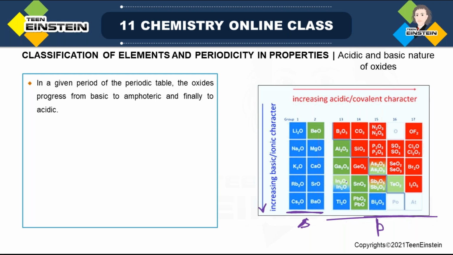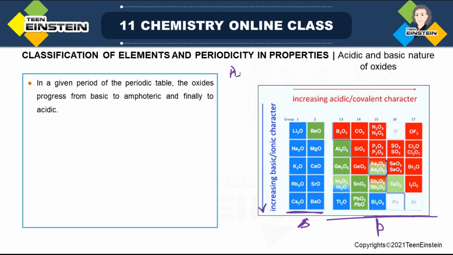And what about the red color? Red color is the indication of acidic nature of the oxide. Fine. Now in some cases you can see some merging of two different colors. Why is it so? Here you see it is mentioned As2O5 and As2O3. Same element, but the oxidation state is different.